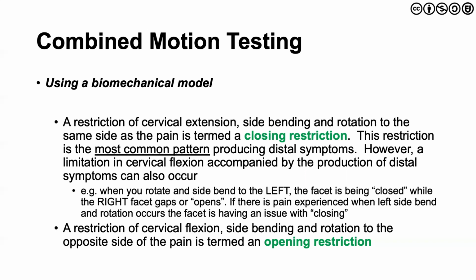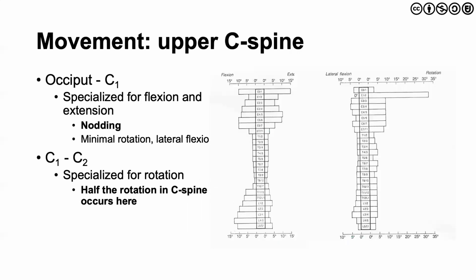With the restriction of cervical flexion, side bend and rotation, we refer to that as an opening restriction. And oftentimes the compensatory motion then is an ipsilateral compensatory motion to the side where the restriction exists. This graphic is helpful as it illustrates an intervertebral or segmental contribution to first flexion extension, more sagittal plane, and then lateral flexion and rotation.